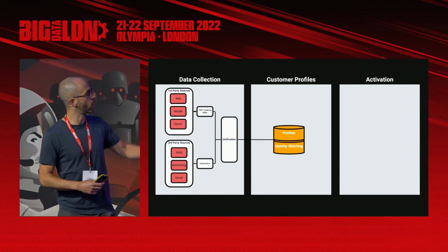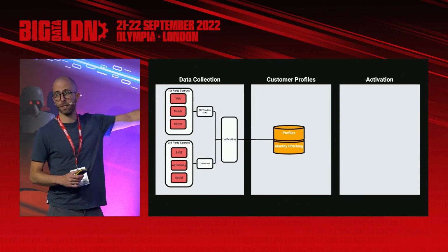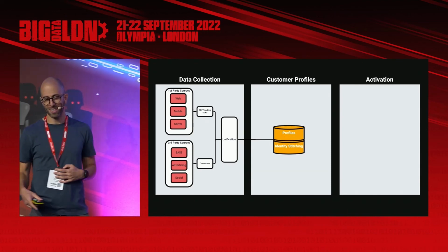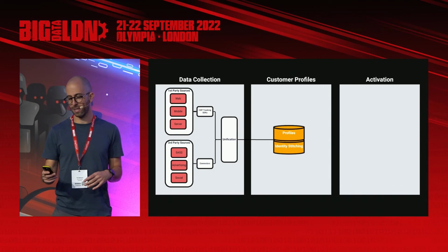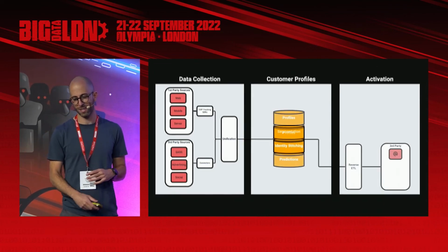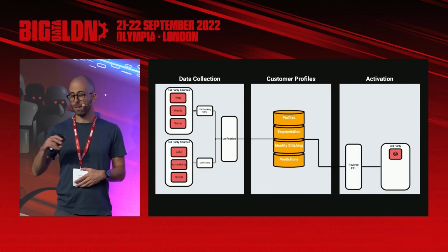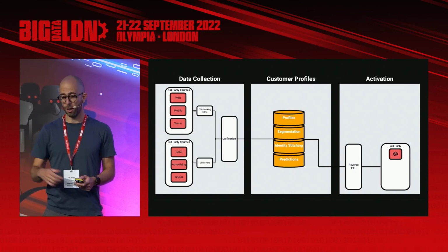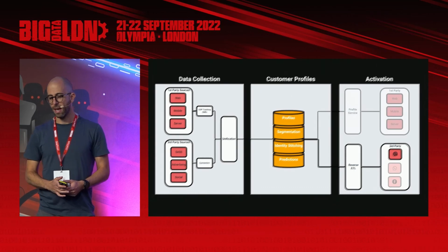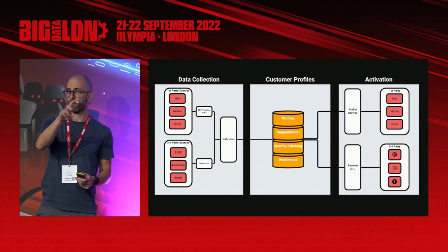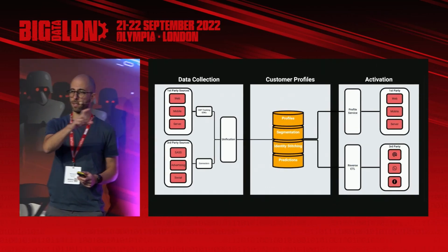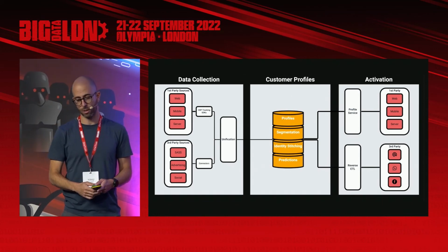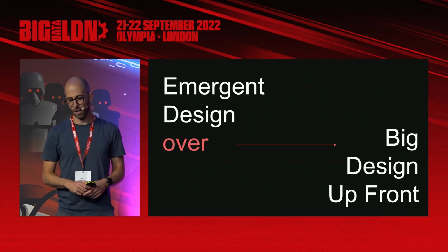They then started pulling in data from third-party sources, and that enabled their marketers to start optimizing their marketing campaigns much more effectively. They then brought in the reverse ETL, so they could push those profiles out and start targeting audiences more effectively. And then the thing they've done most recently is build a profile service that's enabled them to personalize the search results on their website, and that's driven a massive increase in conversion rate for them.